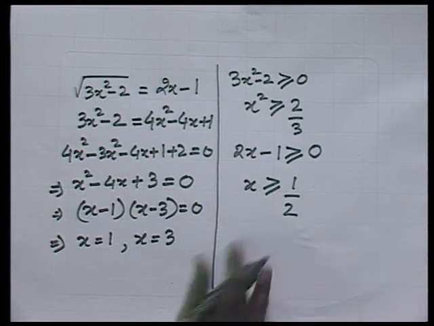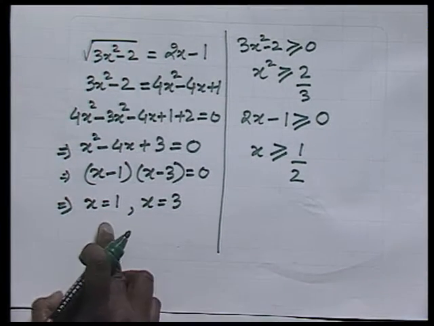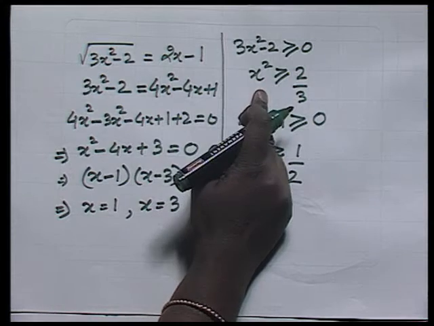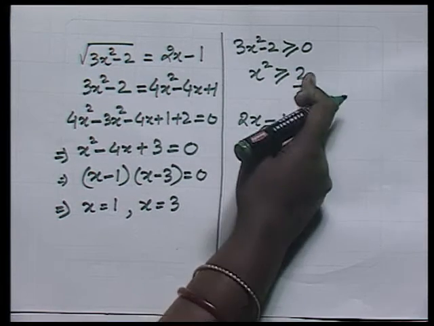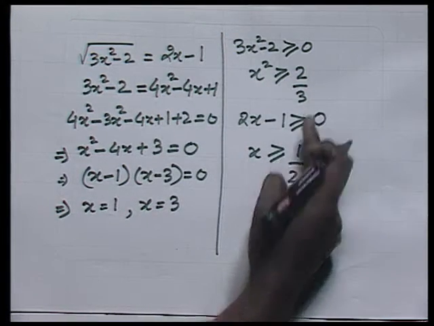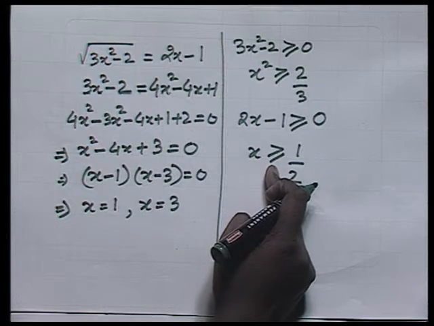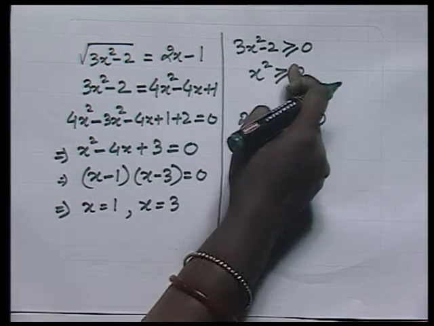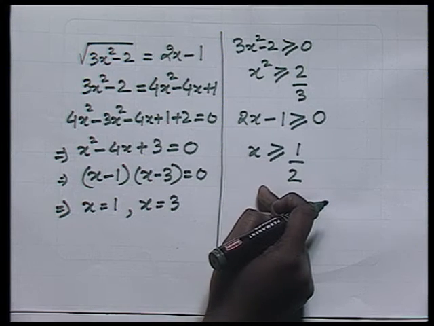Let us see. When we have x is equal to 1, then we find that 1 square is naturally greater than or equal to 2 by 3 and 1 is greater than half. So x is equal to 1 satisfies both of our conditions.